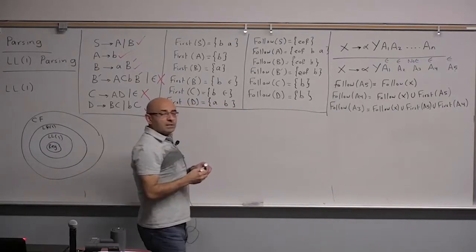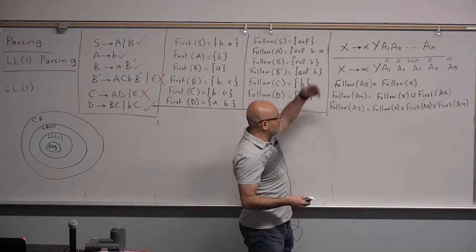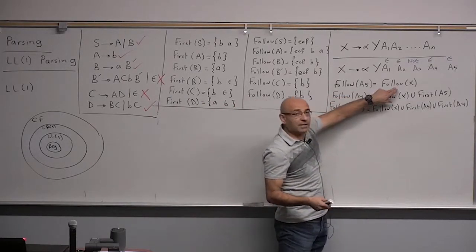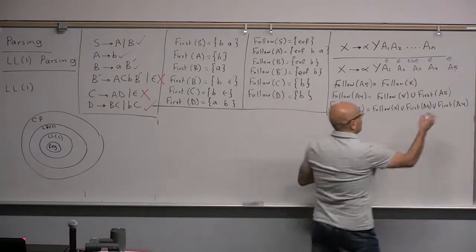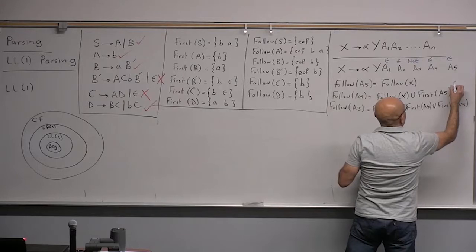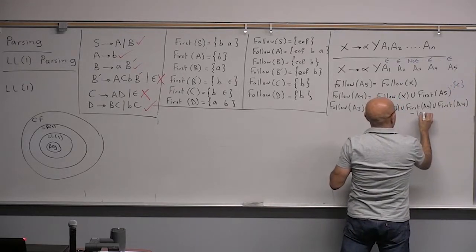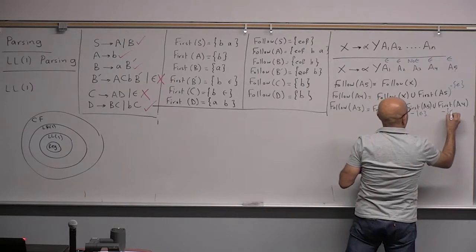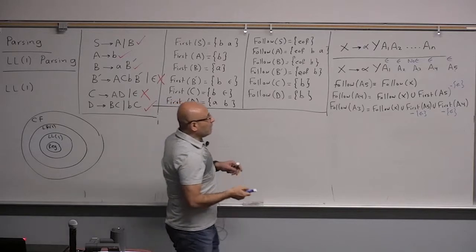Okay, so what does this mean? It means that we keep accumulating. So the follow of A3 is going to be, if we start from follow of x and we keep accumulating the first set, in fact, we have to subtract the epsilon here. We don't add the epsilon. So it's the first minus the epsilon. But we have to keep accumulating.